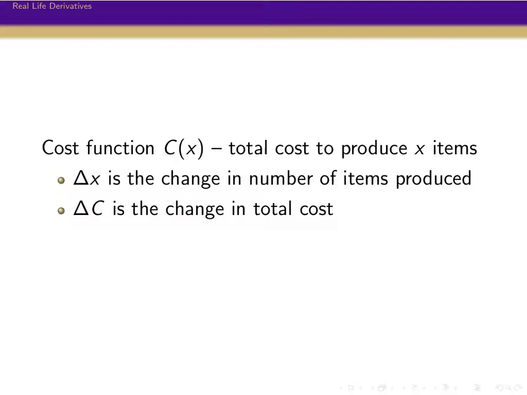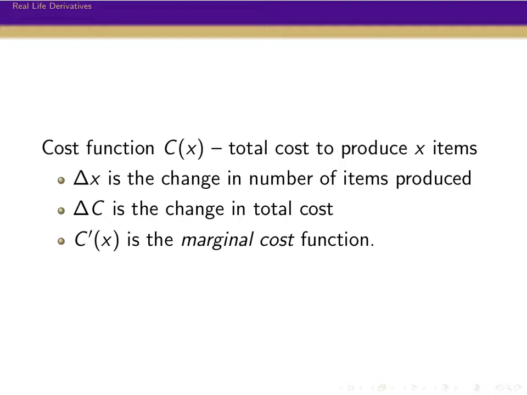What then does the derivative of C tell us? The derivative of C is talking about the instantaneous change in the cost. And we have a special name for this. We call it the marginal cost.